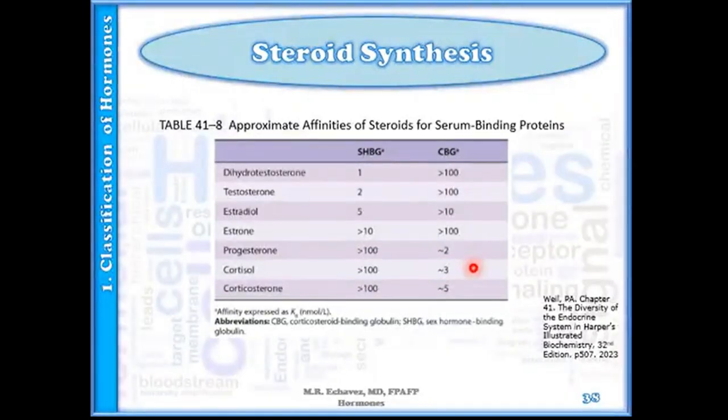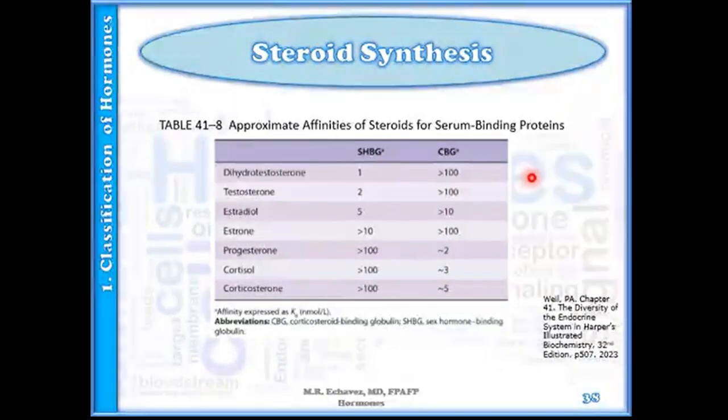Aldosterone, the most potent natural mineralocorticoid, does not have a specific plasma transport protein. You can also see that your gonadal steroids bind very weakly to your CBG. So the smaller the number, the higher the affinity; the larger the number, the lesser.